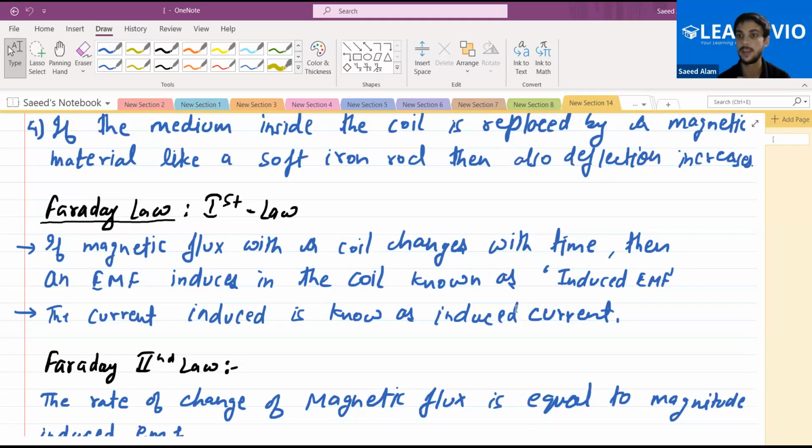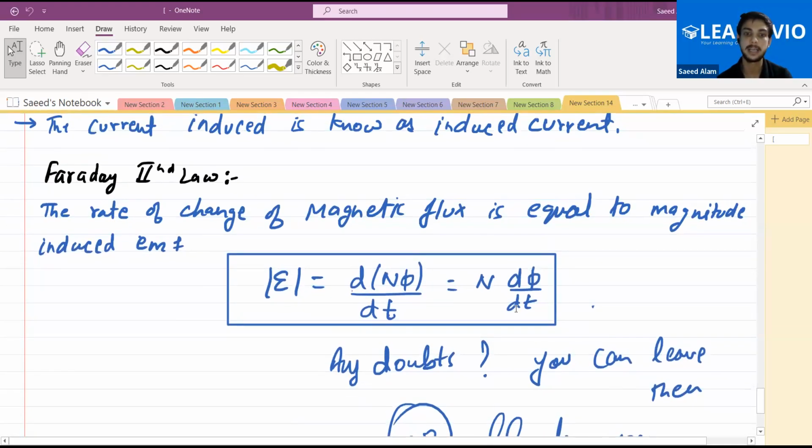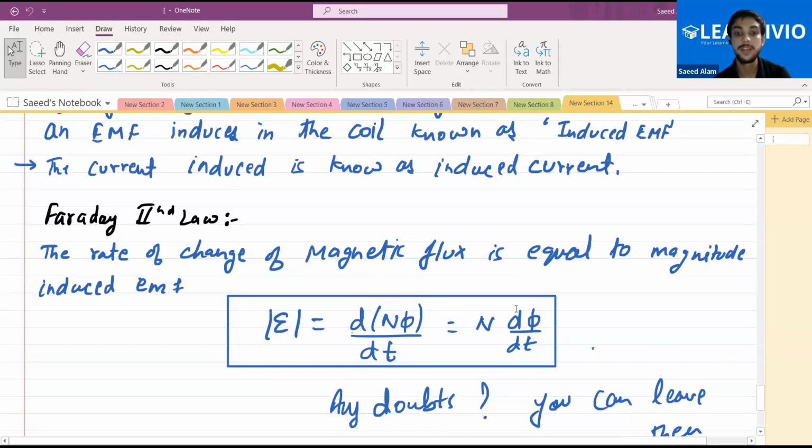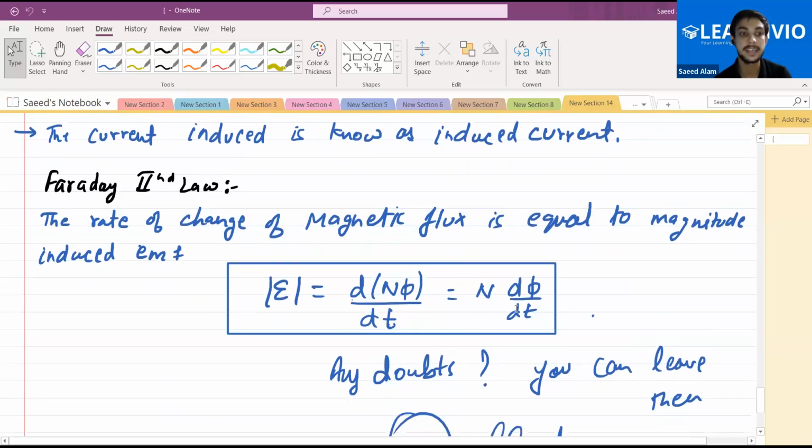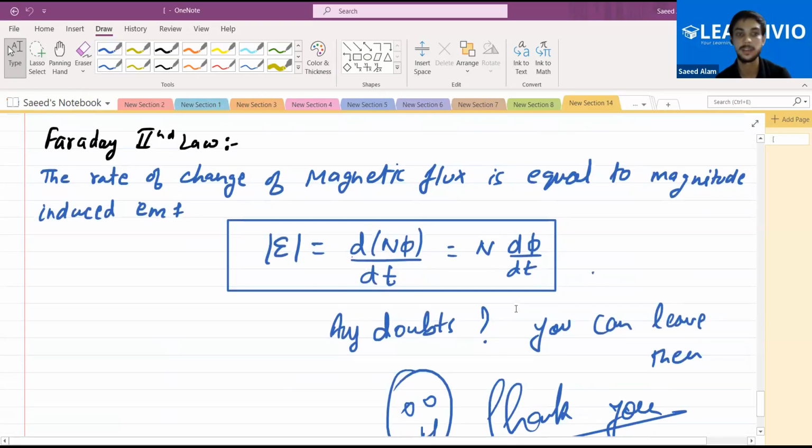Yes, the EMF will be induced, but how much it will be induced, we don't know. That was not given in that particular expression. After that, we gave it in the second expression of Faraday, the rate of change of magnetic flux. That means now we are quantifying it. Before that, we were just estimating that there will be something, but what it will be actually, we don't know.